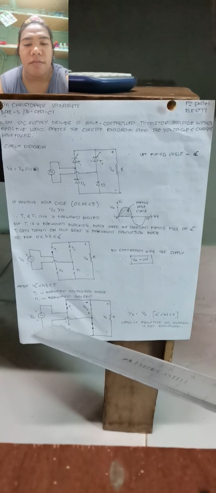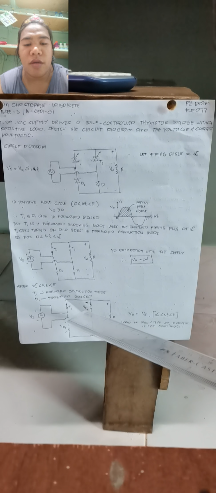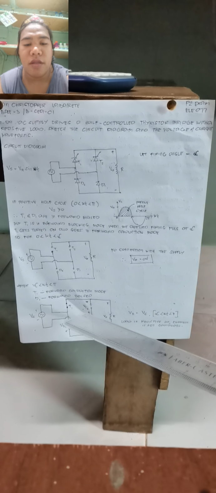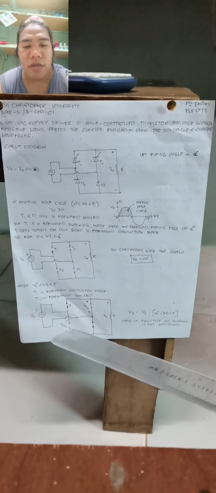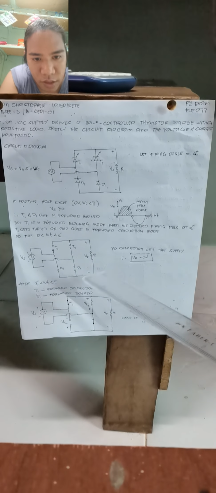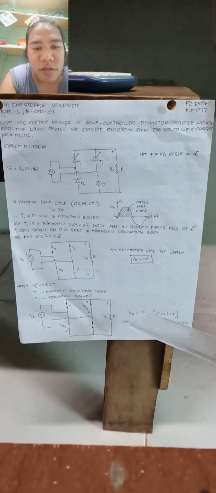This is the diagram. We short circuit T1 and open circuit T2. At this point VO is equal to VS.